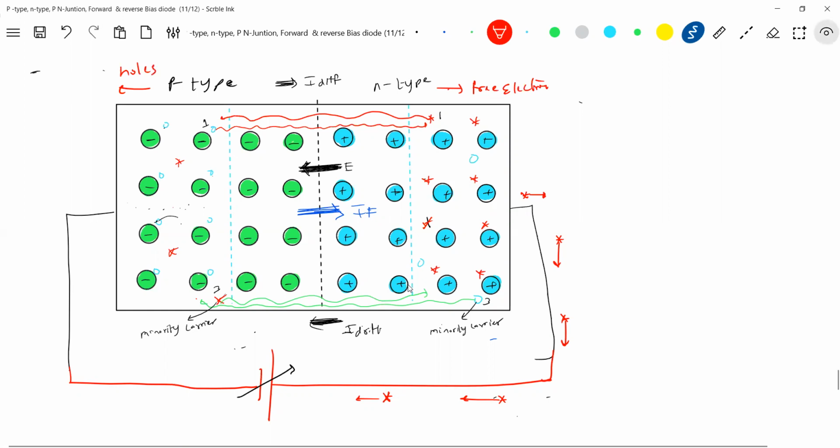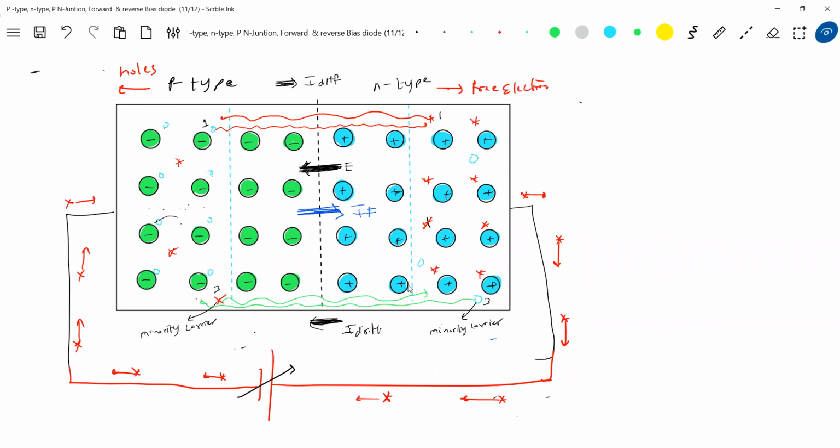Sir, how come? Okay, let's take this one. This will push electron. This electron will go and occupy this position of the hole. If a hole captures electron, what do we get? We get valence electron and we don't show it. This electron has come here. Now this hole will pull out this valence electron.